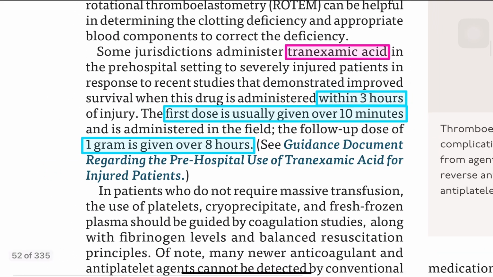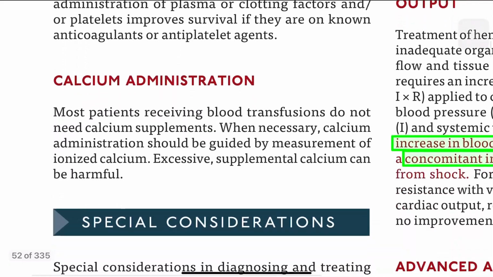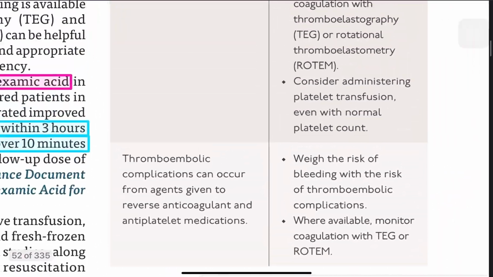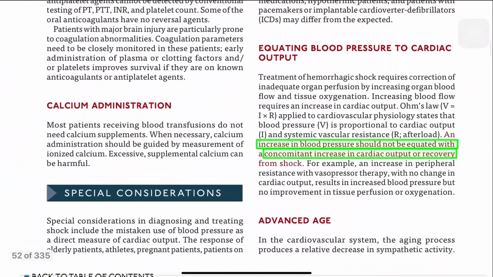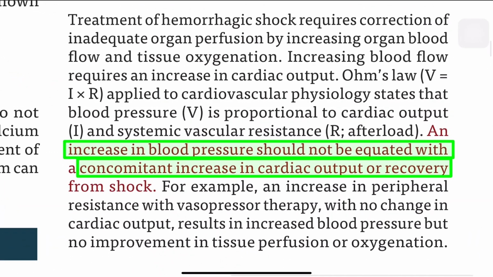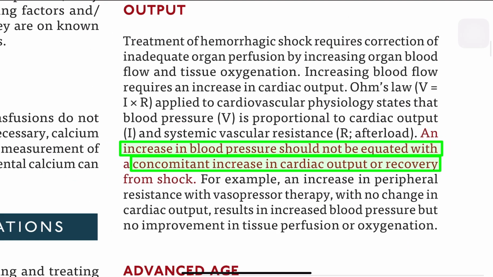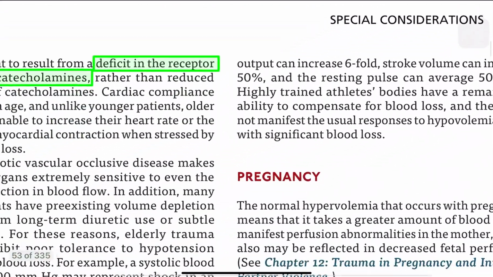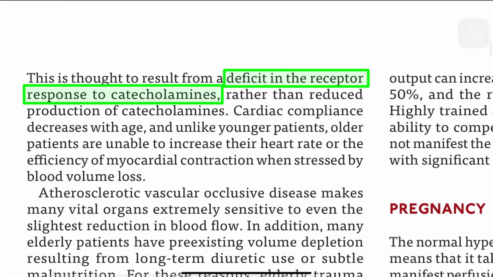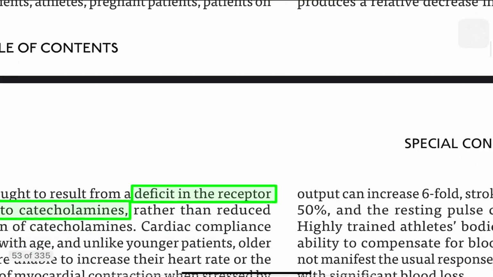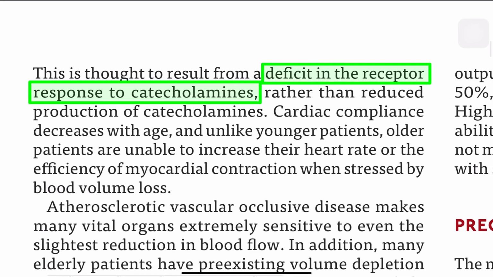An increase in blood pressure should not be equated with a concomitant increase in cardiac output or recovery. Elderly patients will have a deficient receptor response to catecholamines, as already told.